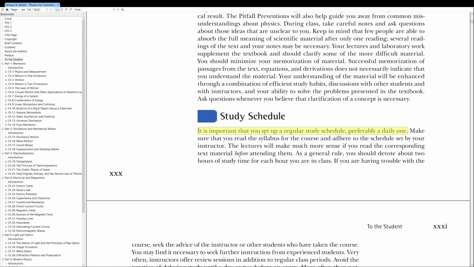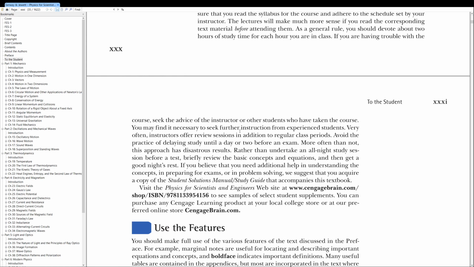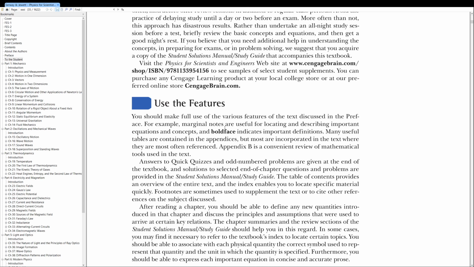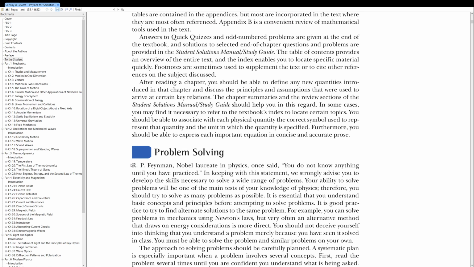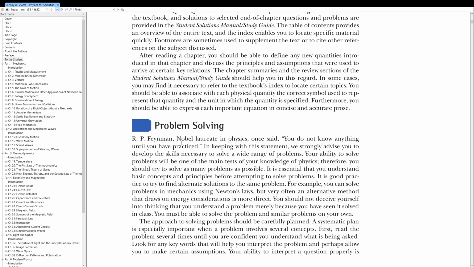If you try to cram before a test, or shove everything into a single day, you're not going to get as much out of it as studying 1 hour a day or 30 minutes a day. So schedule a time, set that aside, and consistently approach the problem.